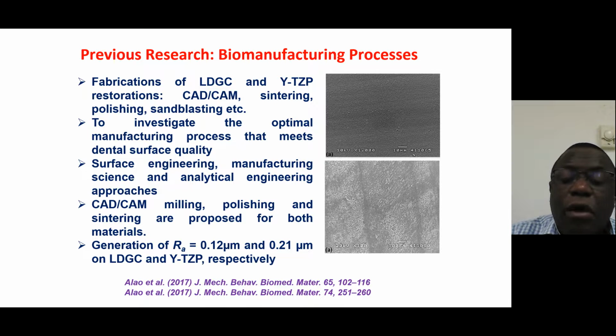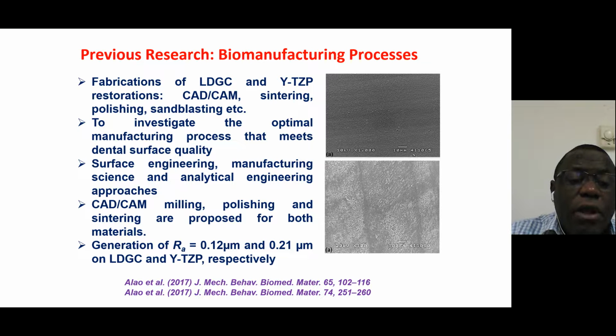One of them is computer-aided design, computer-aided manufacturing, followed by sintering, polishing, and sandblasting processes, not in a particular order. So I explored all these processes by combining them together and investigated the optimal manufacturing process that met the dental surface quality. And what was the dental surface quality?